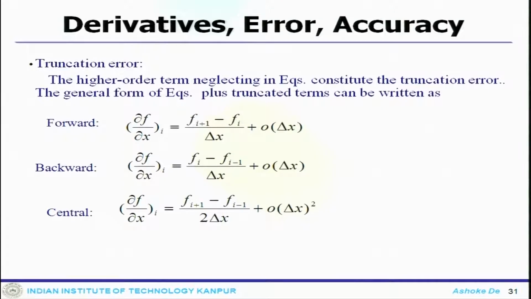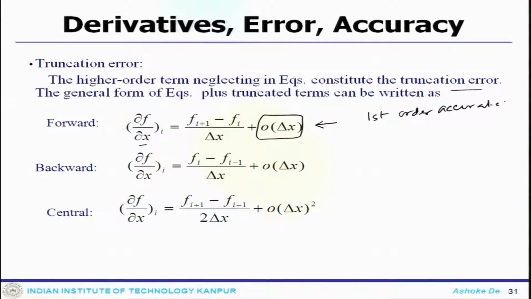Now, as we keep on coming back to the calculation of the derivatives, the Taylor series expression actually gets you back the different derivatives, whether through the forward scheme or backward scheme or the central scheme, and all these different schemes do have certain errors. For the forward scheme, the higher order term is of order delta x. So, that is the truncation error, or rather we say this scheme is first order accurate.